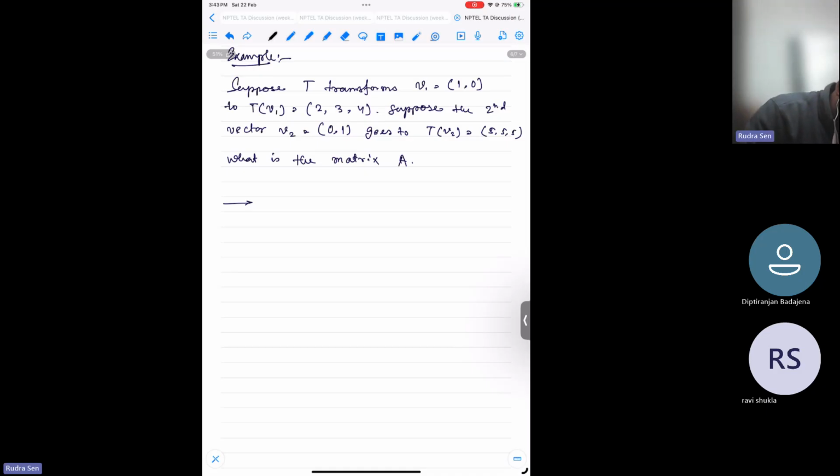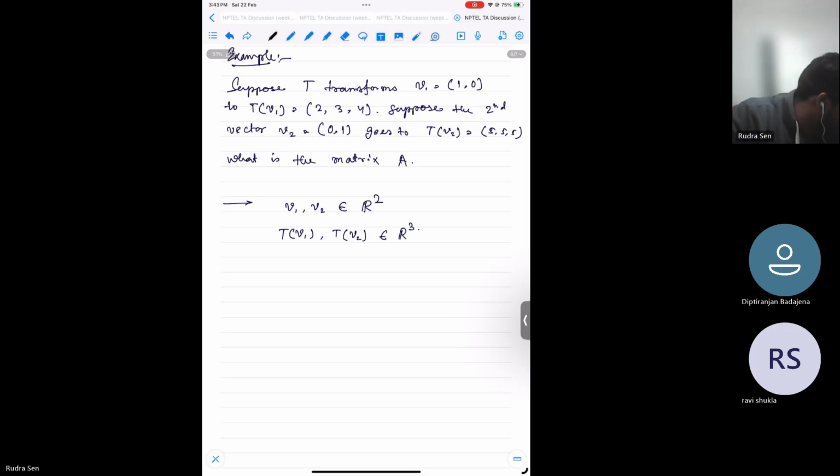First of all, V1 and V2 belong to R2, and TV1 and TV2 belong to R3. So from here we can see that it takes values from R2 and maps to R3.